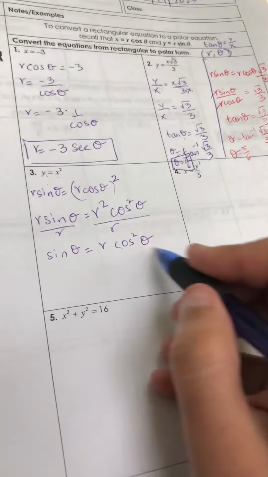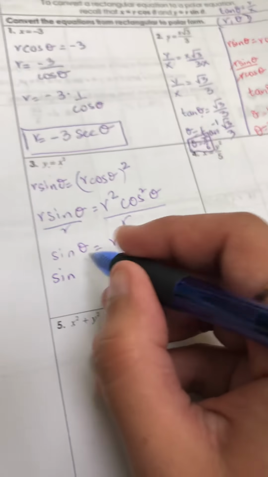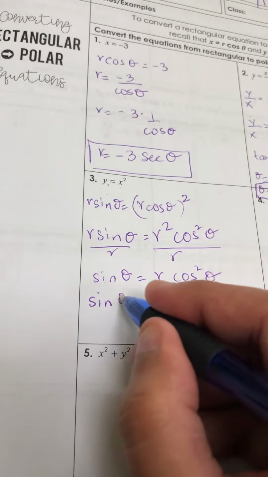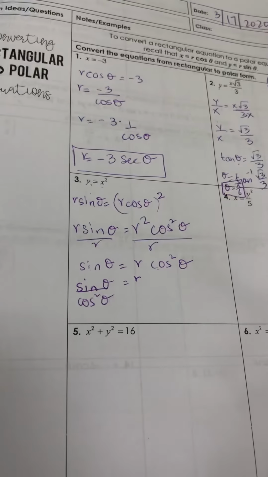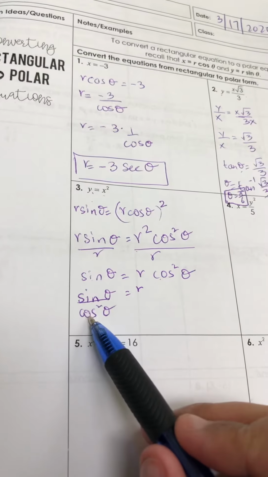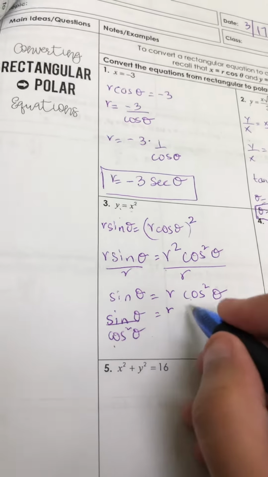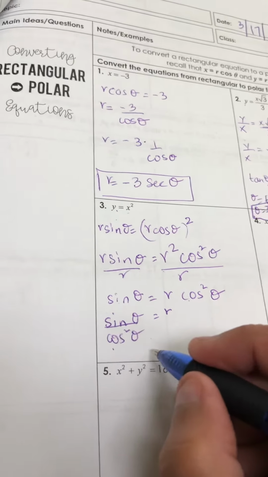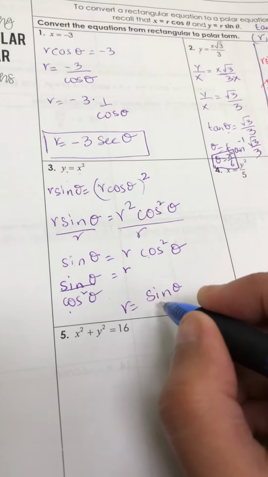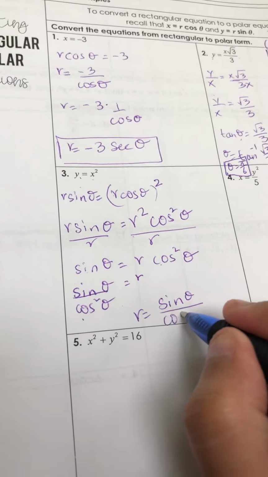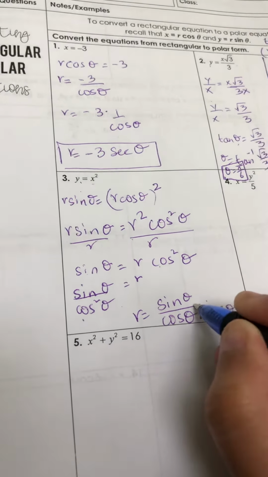So if I divide both sides by cosine squared, I get sine theta over cos squared theta equals r. Now I know this means cos times cos, so I can write it as r equals sine theta over cos theta times cos theta.